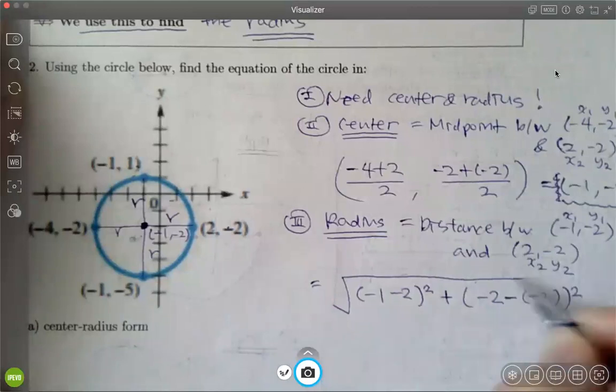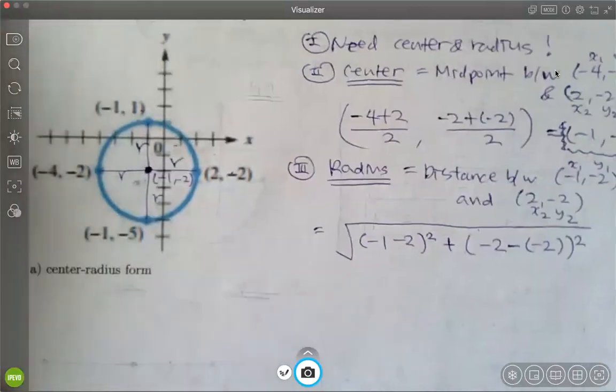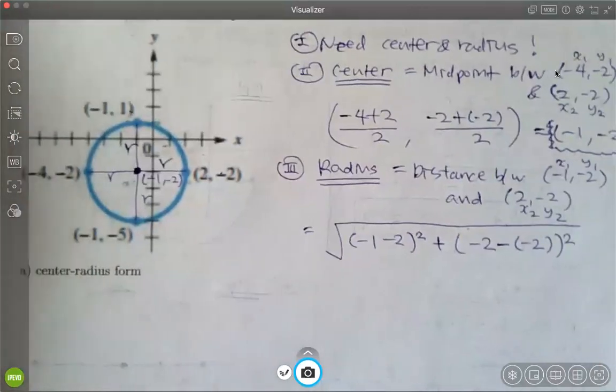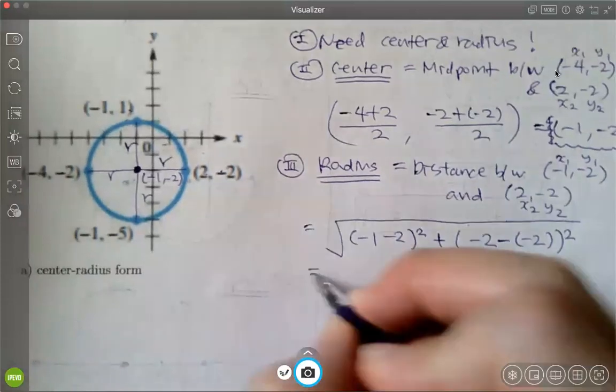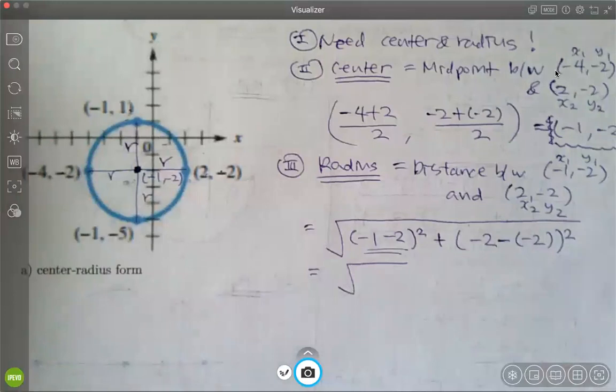It's not -2 minus 2 squared, it's -2 minus -2 squared. So that's -3 squared, so that's 9.